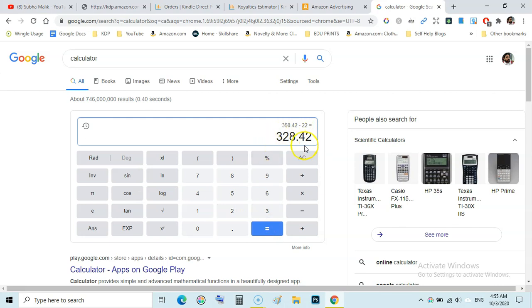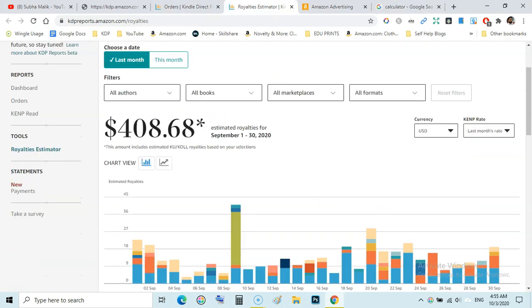So this is my total profit for the month of September. I earned $408, and from $408, after deducting all the expenses including subscriptions, I have only the subscription of Creative Fabrica for getting fonts and crafts, graphics, coloring book pages, things like that.